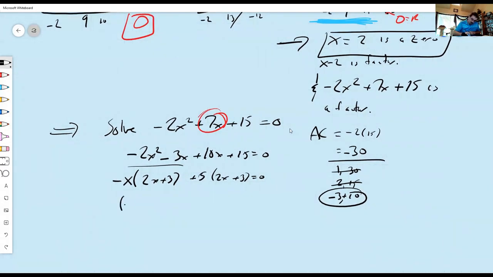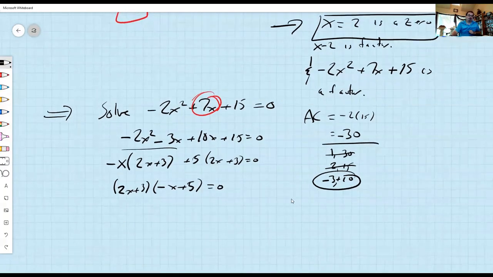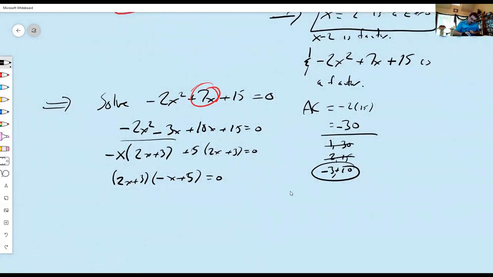So 2x plus 3 times minus x plus 5 equals 0. 2x equals minus 3, x equals minus 3/2.